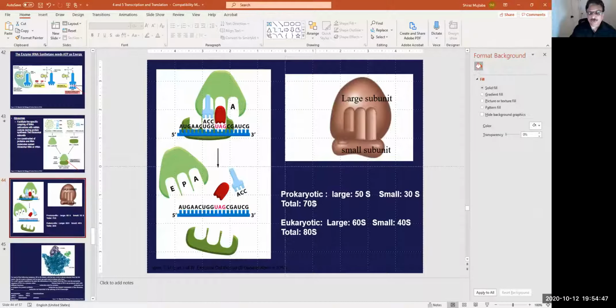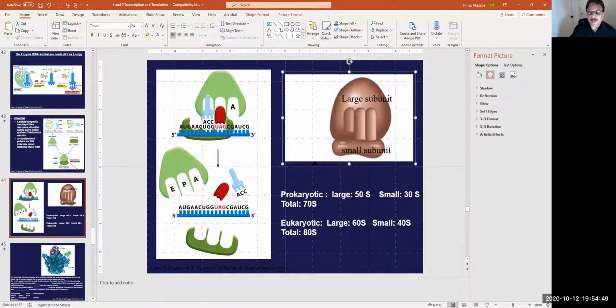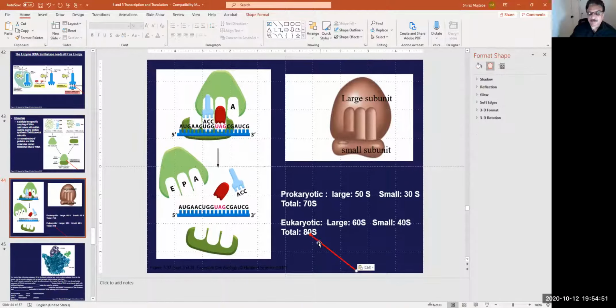Now I want you to focus on here again, same message, but see here, prokaryotic ribosome is 70S. The large subunit is 50S and the smaller subunit is 30S. Similarly, eukaryotes have 60S and 40S and they make 80S, right?